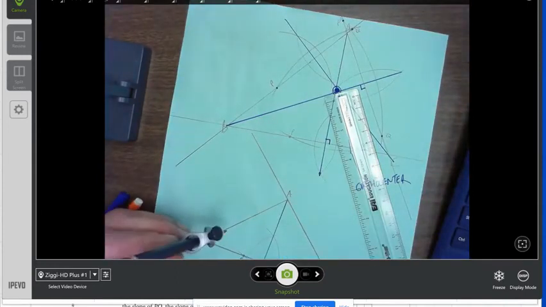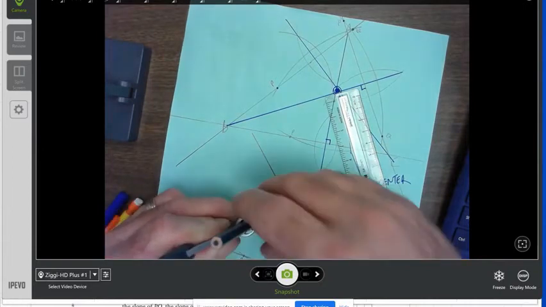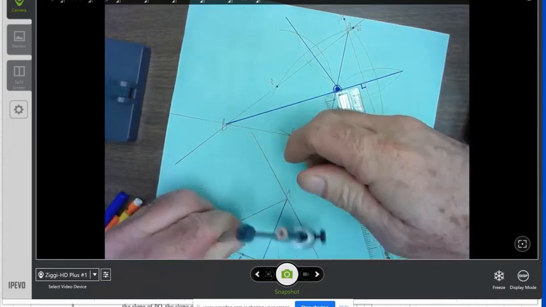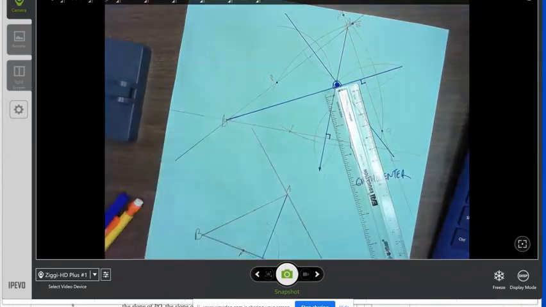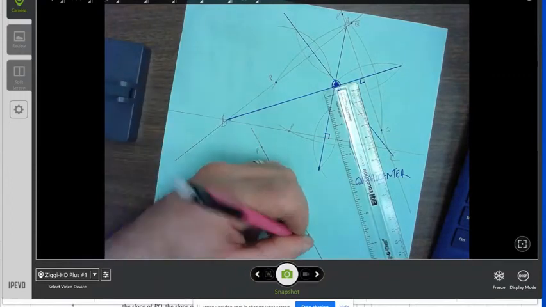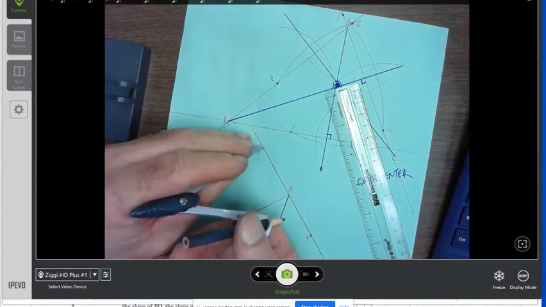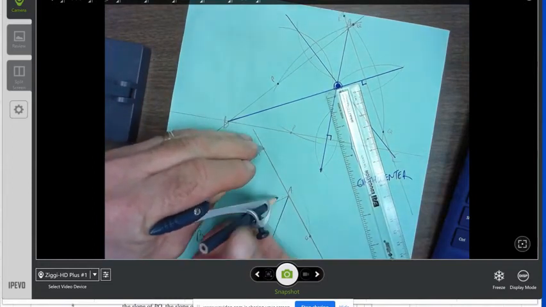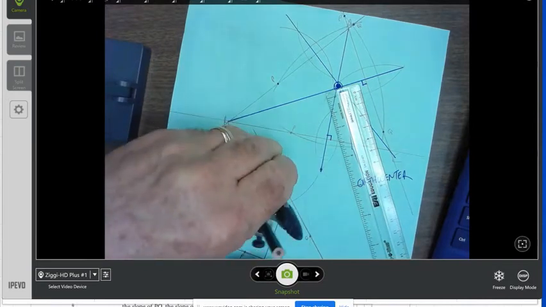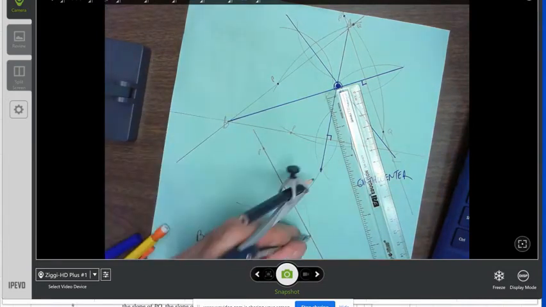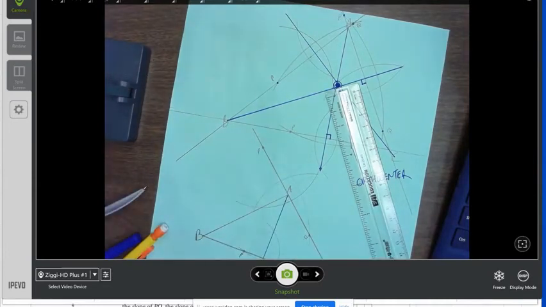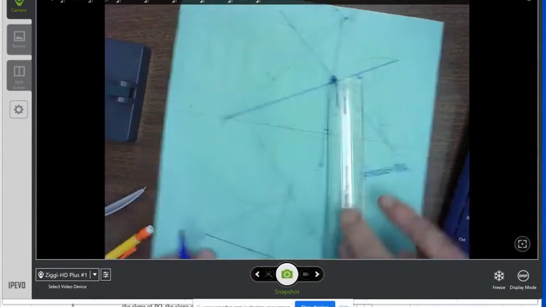And then I'll make an arc that crosses AC twice. That gives me P and Q. And now I'll do the perpendicular bisector of PQ. That should go right through point B.